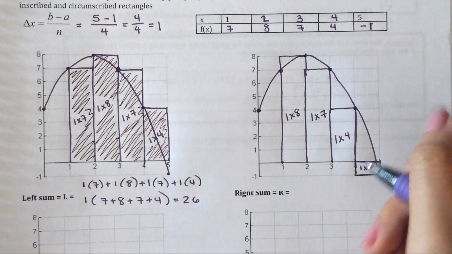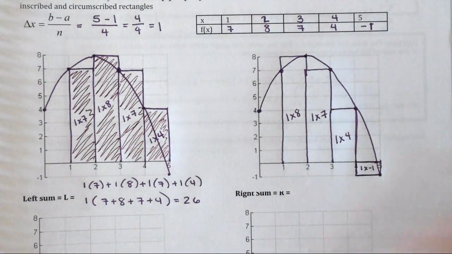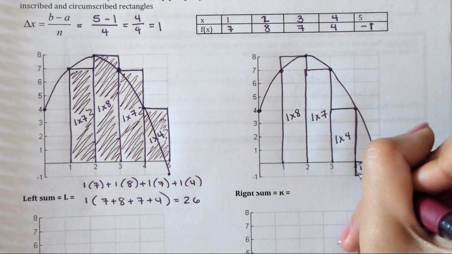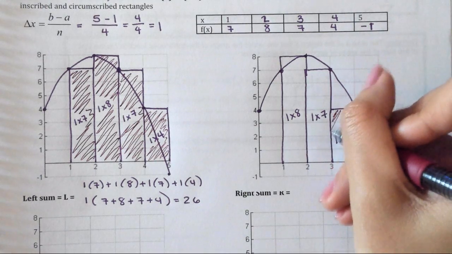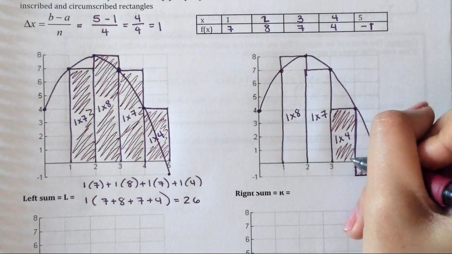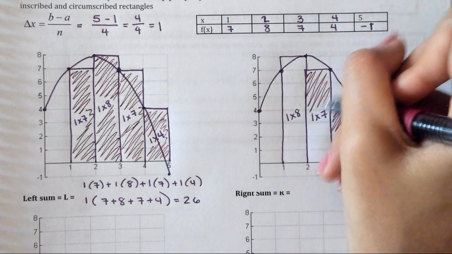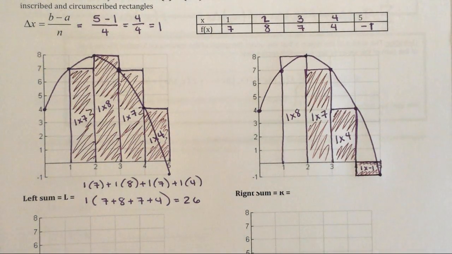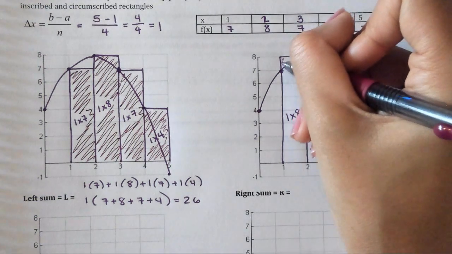So my right Riemann sum is totally different from my left Riemann sum. This adds up this area, in this area, and this one. And then I have this area right here.